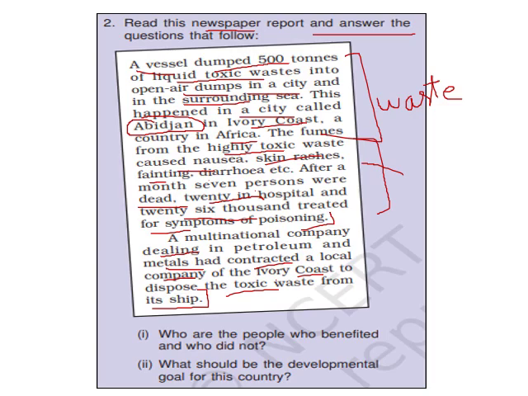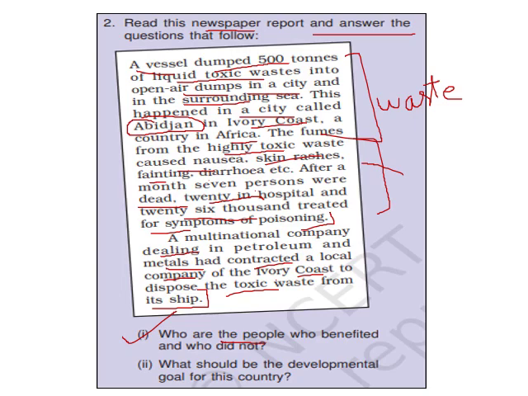So, considering this text from the article, you have to find out who are the people who benefit and who did not. Now, what will happen if that MNC is providing a contract to that local company? Certainly, the local company is getting a good handsome amount of money, that is for sure.